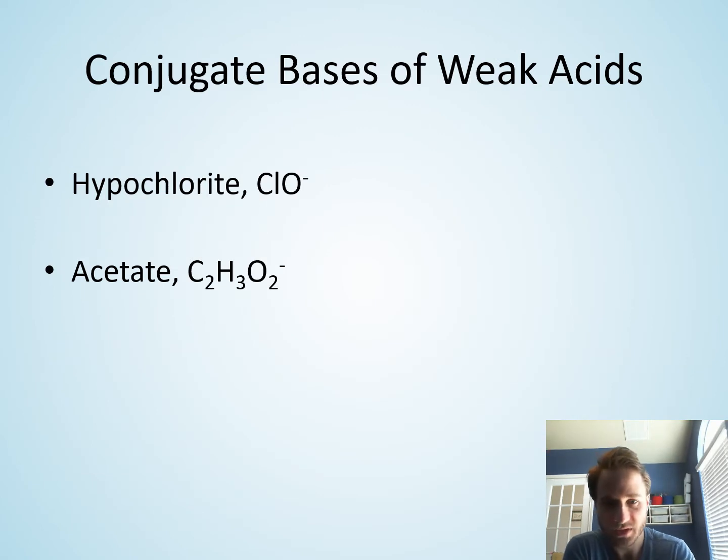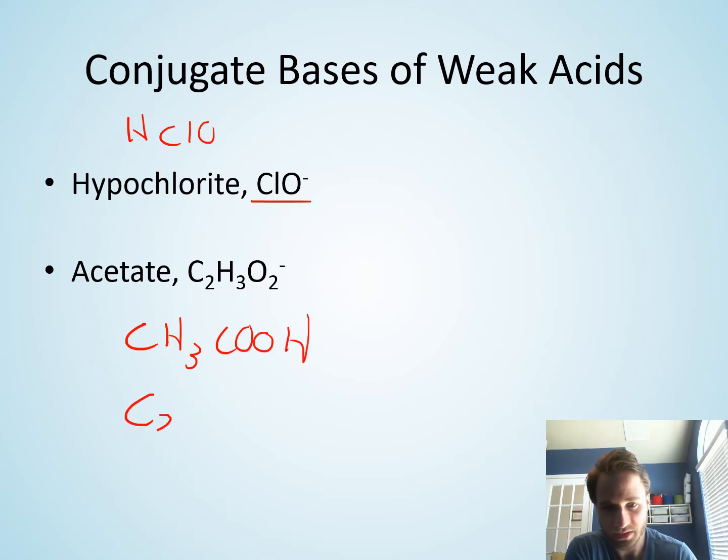Other examples of weak bases are conjugate bases of weak acids. All of the weak acids we just talked about have conjugate bases that are weak bases. HClO, the weak acid, has a conjugate base, ClO minus, which is a weak base. Acetic acid we often write as this, but it could also be written as C2H3O2H.